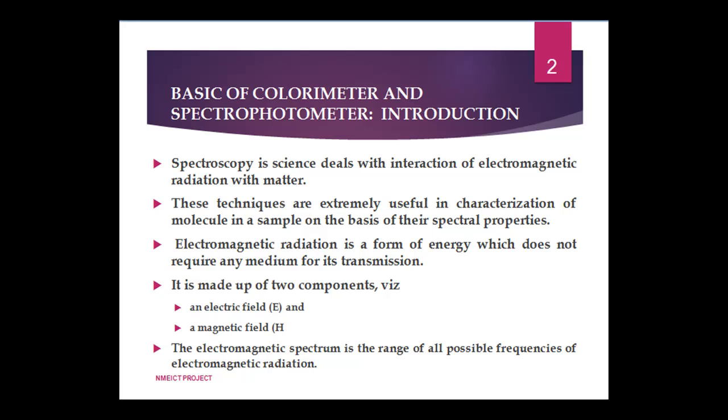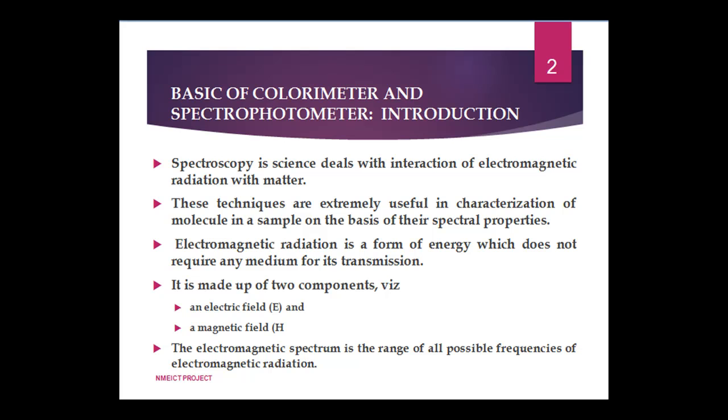The electromagnetic spectrum is the range of all possible frequencies of electromagnetic radiation. The electromagnetic spectrum of an object is the characteristic distribution of electromagnetic radiation emitted or absorbed by that particular object.